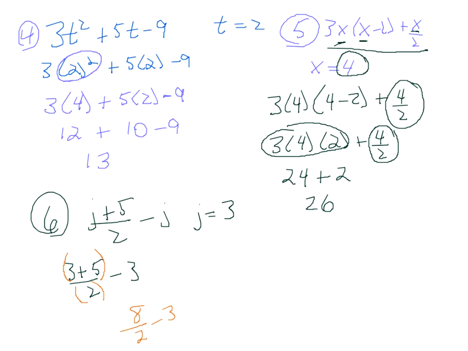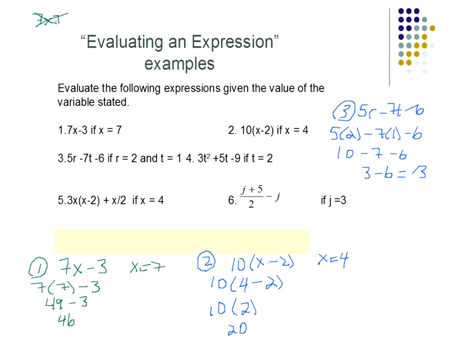Now there's nothing to do inside these implied brackets, so 8 divided by 2 is just 4. Now I'll subtract 3, and I get the answer of 1. So j plus 5 over 2 minus j when j equals 3 gives me a value of 1. And you can see the answers are there.